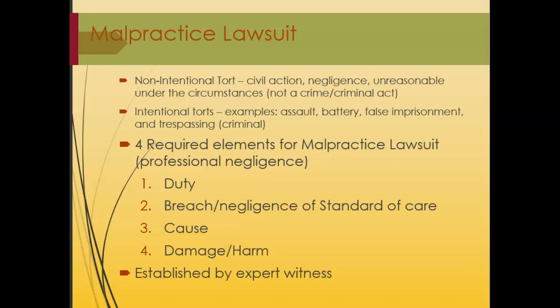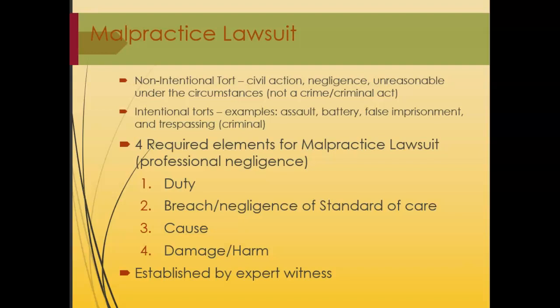What the lawyer for the plaintiff is going to do is hire expert witnesses. That may be expert medical witnesses, that may be expert nurse witnesses, but experts in the same field are going to review: did the nurses who were named on this lawsuit have an actual duty?